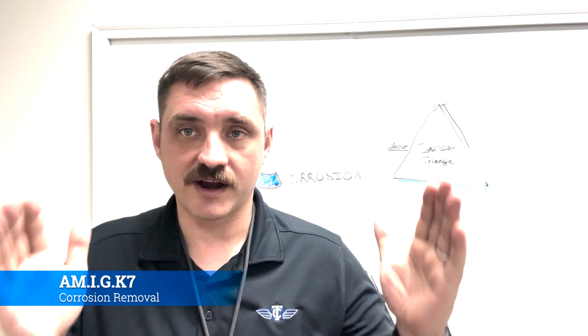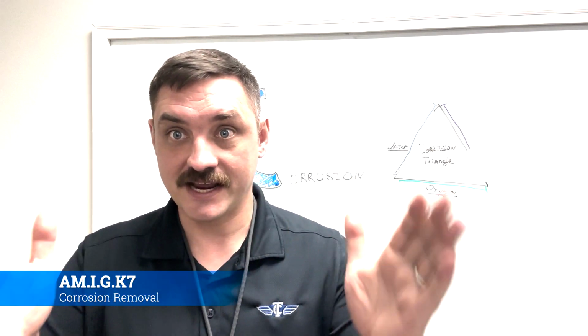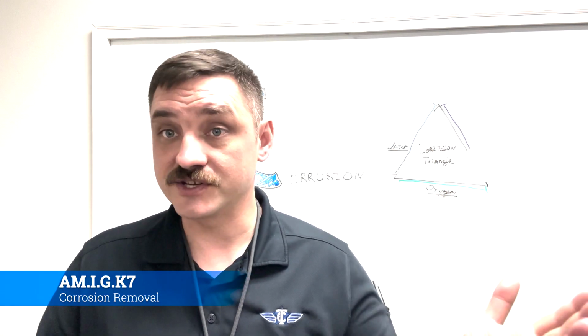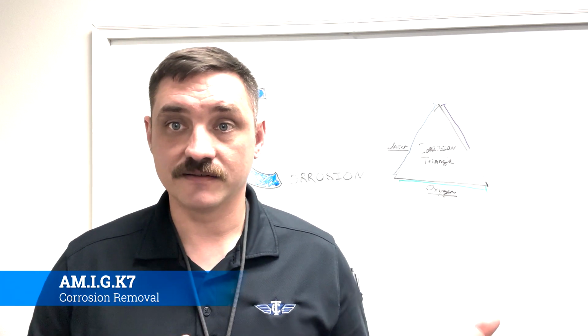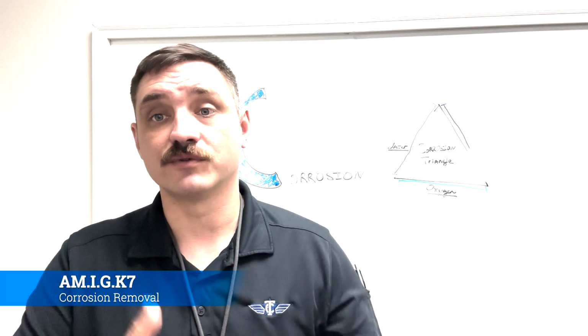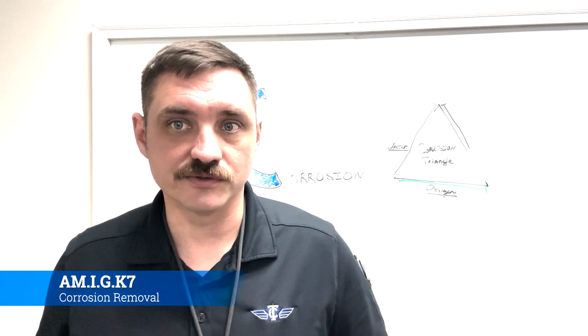Remember our discussion with the TCDS, this is the state of the aircraft that we've certified. Your entire job as a maintainer is to try to maintain that TCDS. So you're always going to be going back to that scenario. This is no different. If you find corrosion on a piece of metal somewhere on the aircraft that's outside of the TCDS standard, you're trying to return it back to its original state.